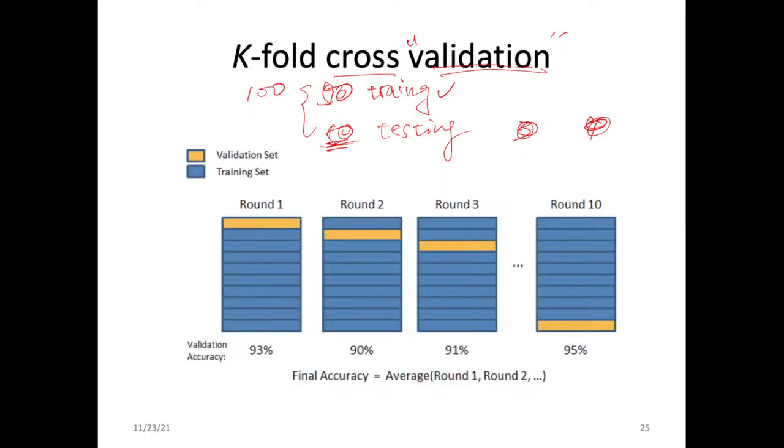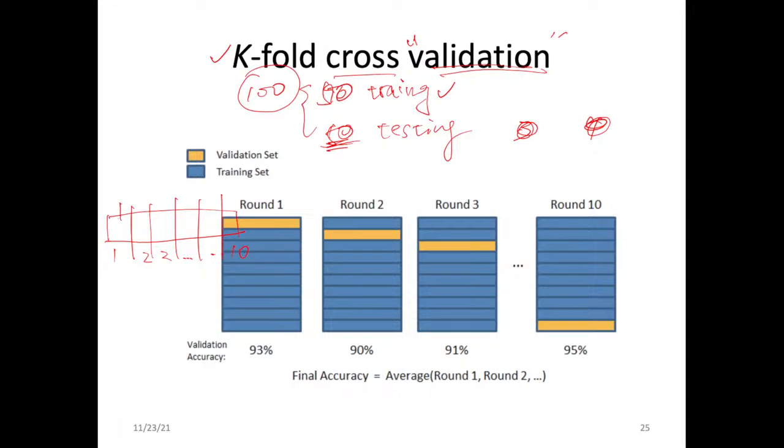So k-fold cross-validation is trying to fix this issue. We divide these 100 instances into 10 different folds. Each fold has 10 instances. So let's say we divided 100 samples into 10 folds, 1, 2, 3, up to 10.